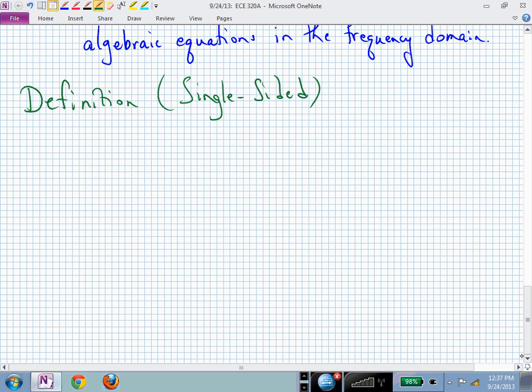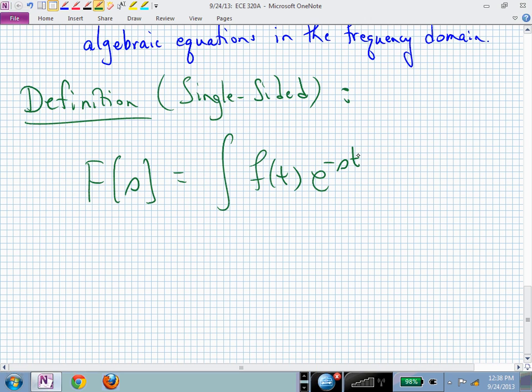Here's our definition for the Laplace transform. We're going to call it now this capital F of S when the time domain waveform is little f of t. And this little f of t will get weighted by a complex exponential, e to the minus st. T is time, typically.